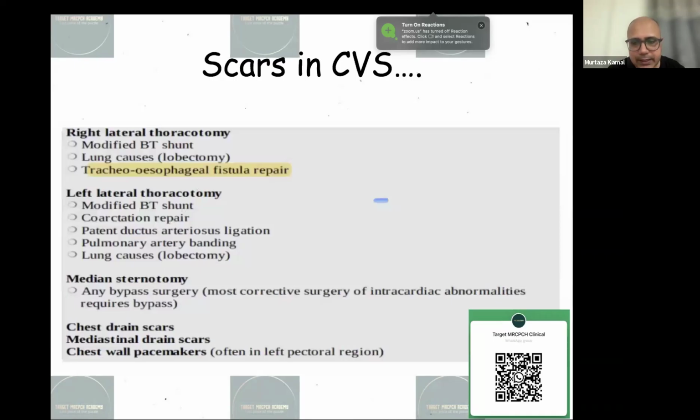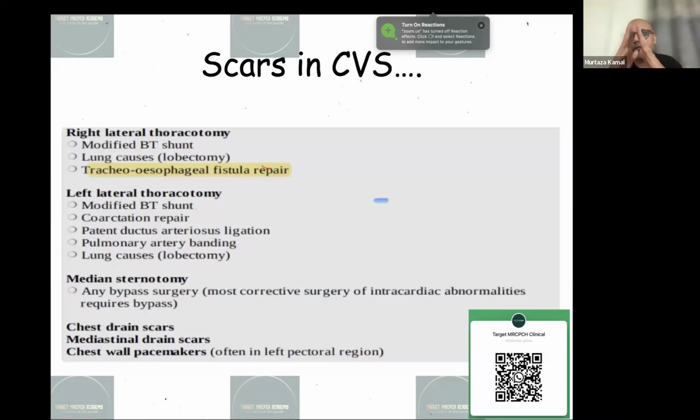This is a slide in which we have been talking about the scars in the case of CVS. What we have to remember is that most of the scars are midline sternotomy scars. All of the cardiac surgeries are mostly done through a midline sternotomy. Whereas if it is a lateral thoracotomy scar, you have to think of BT shunts. Remember this also, BT shunts can be done both from the lateral side and through midline sternotomy.